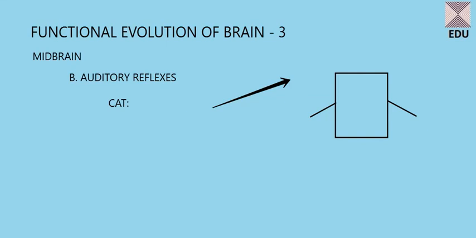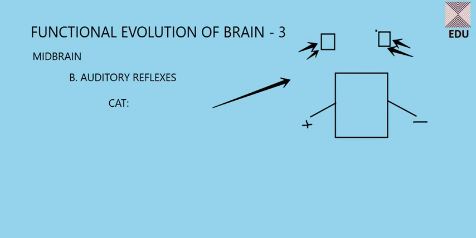Suppose these are the ears of the cat. If we are putting the sound into these ears, the cat is subjected to a particular sound, and these electrodes are showing the potential.